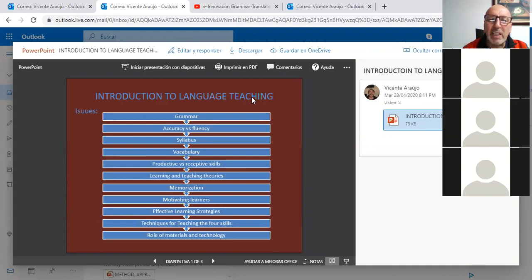Language teaching has been characterized by search of more effective ways of teaching. A lot of search related to language teaching, to try to find the best way to teach a language.